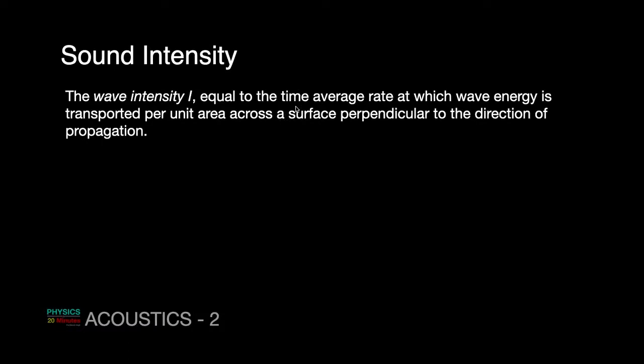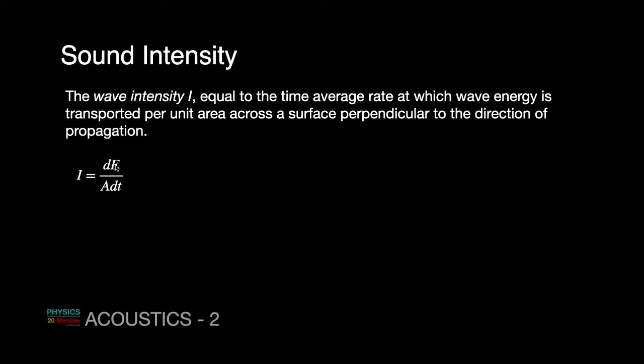Now this is true for all types of waves: electromagnetic, mechanical, longitudinal, transverse, etc. So do remember that. So intensity can be defined as energy flowing per unit normal area per unit time. Remember, the normal area is important. It's a kind of flux.